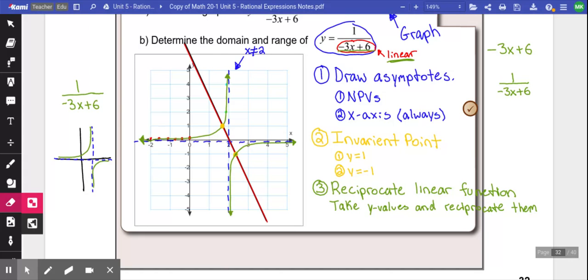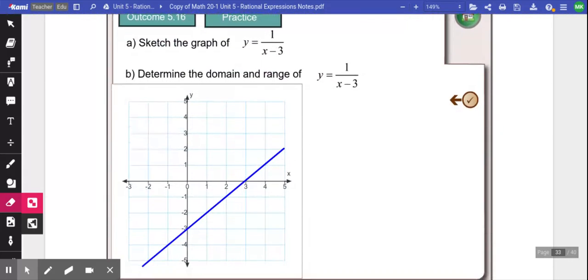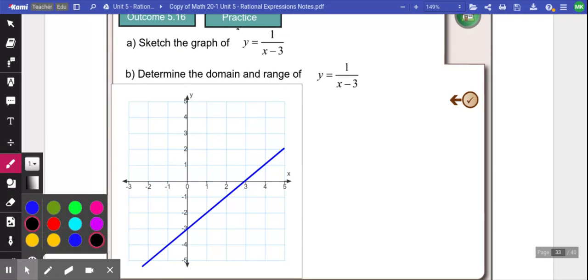Let's look at another example. Our goal is to graph this thing right here. It says sketch the graph of y equals 1 over x minus 3. To graph this, you need to have the original graph, which is x minus 3. They've drawn it for you.